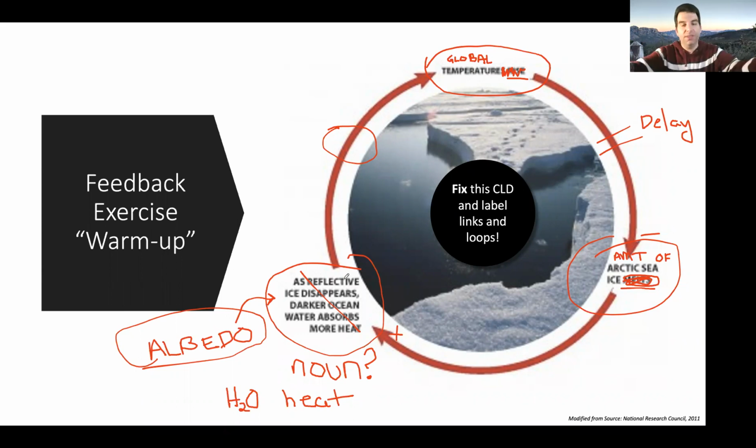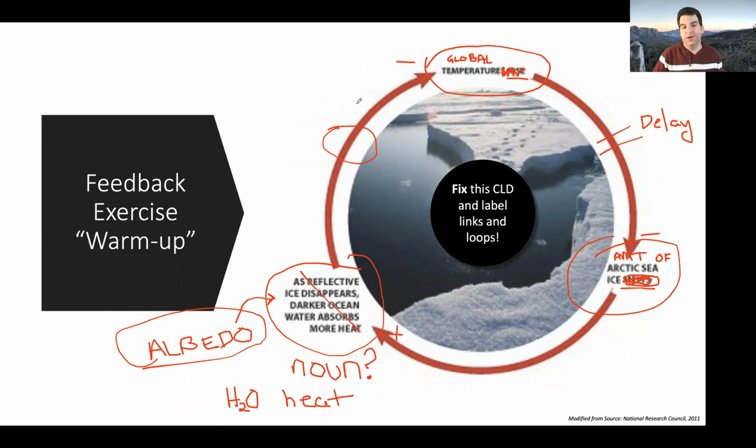As you reflect more light into space, you're going to have less light absorbed into the Earth, and less solar radiation being radiated off of the Earth as heat. That's why we want to make this a negative here, because the more reflection you get, the cooler the planet gets. You reflect light off and global temperatures rise or fall? Global temperatures fall. You get more reflection, temperatures fall.